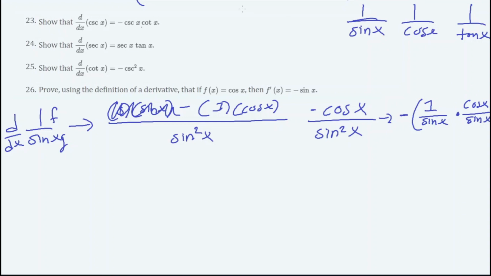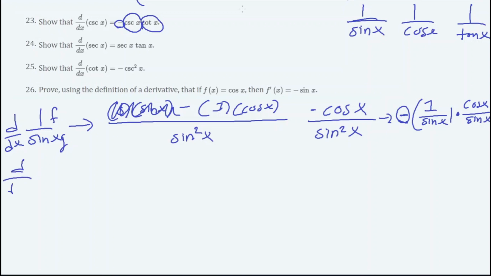Cosine over sine is going to be cotangent, because it's the opposite of tangent, or tangent flipped. And then 1 over sine is going to be cosecant. And we also have our negative sign here. So we just showed how to find the derivative of cosecant without actually knowing it by heart.